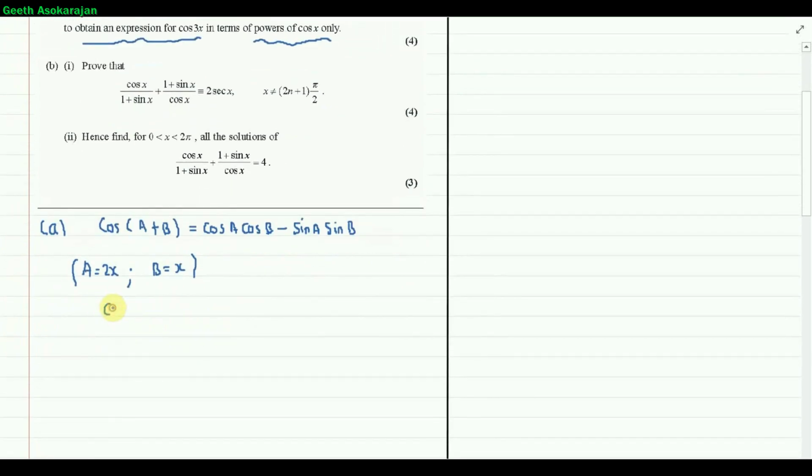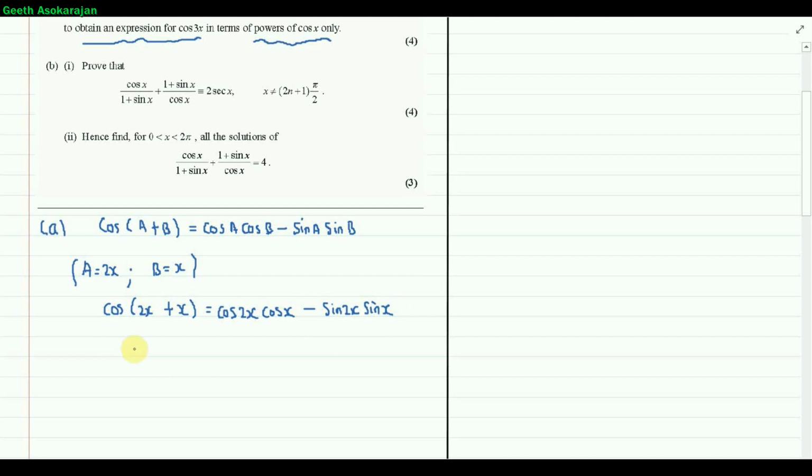So we're going to have cos of 2x plus x, and that is equal to cos 2x multiplied by cos x minus sin 2x multiplied by sin x.